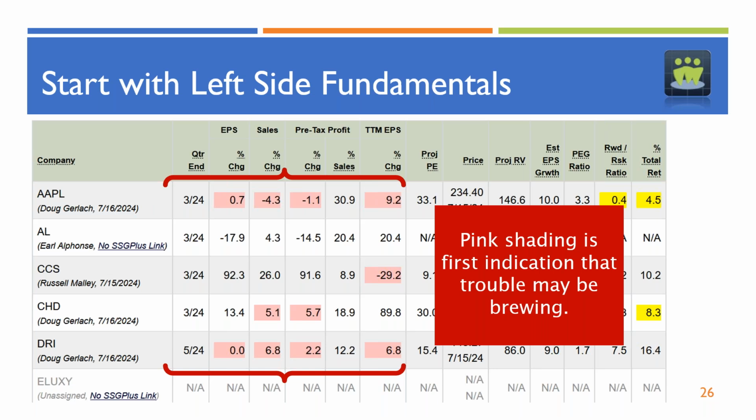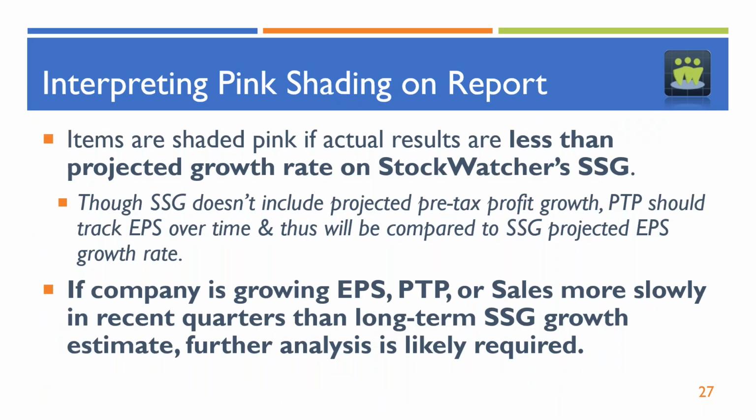It may be explainable, it may be justifiable, it may be a one-time occurrence, but it's also undeniable that if Apple continues to deliver earnings growth at 0.7% for the next 3 or 4 quarters, your 8% growth expectation is not going to be met. Right? That's the bottom line. So that's what this report is trying to tell you, pointing out where some of your stock selection guides may be overly optimistic or the company may be having problems.